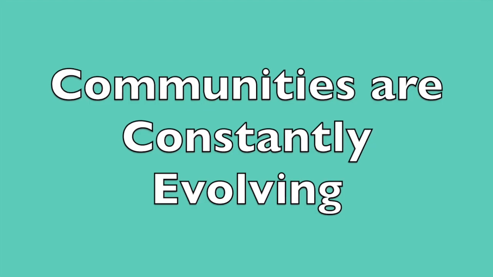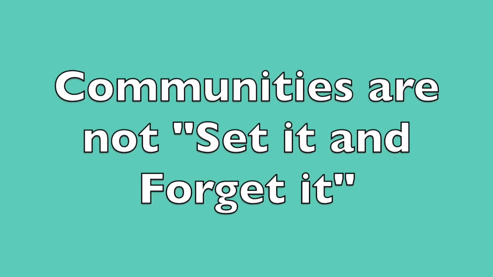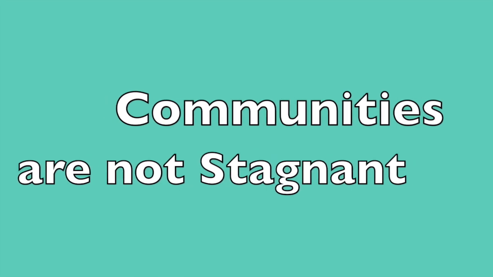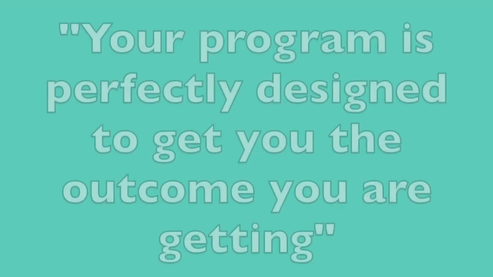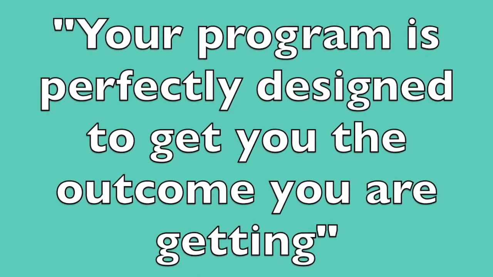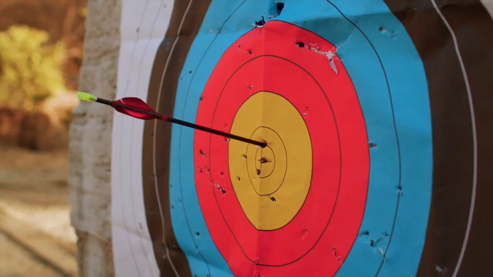It's worth mentioning that a community is not just a set-it-and-forget-it situation. They're living and evolving. Communities are not stagnant. I like to say that your program is perfectly designed to get you the outcome that you are getting. It's very rare that when you launch something it's going to hit the mark the very first time.